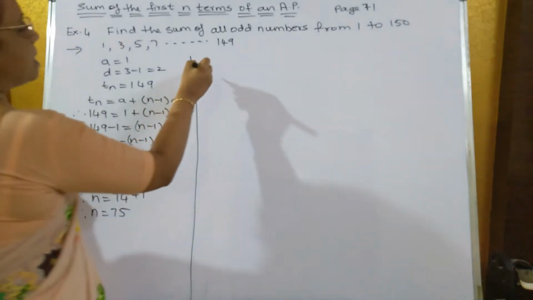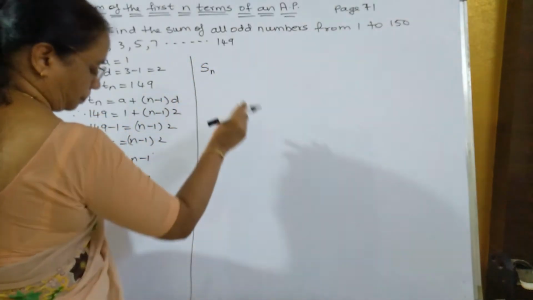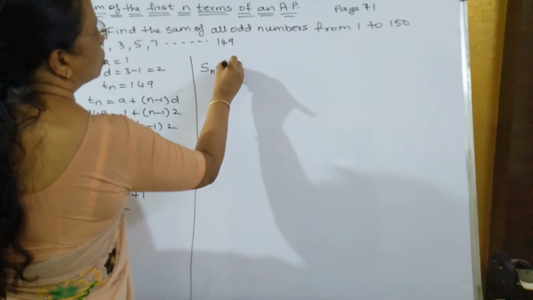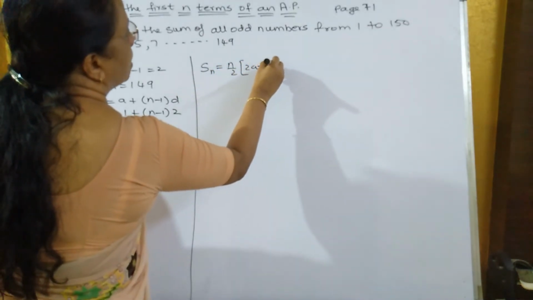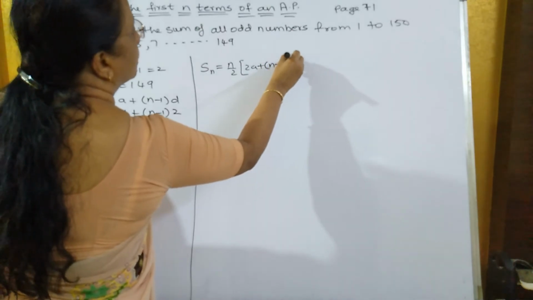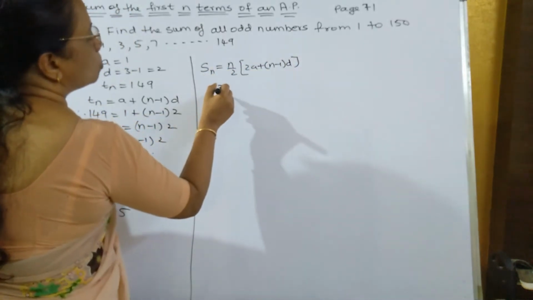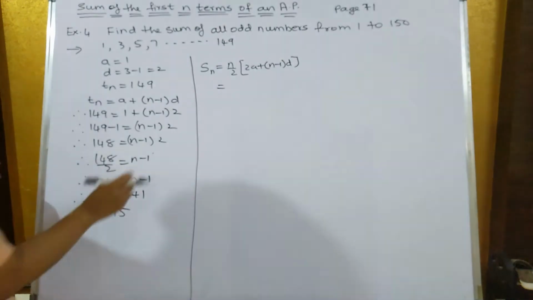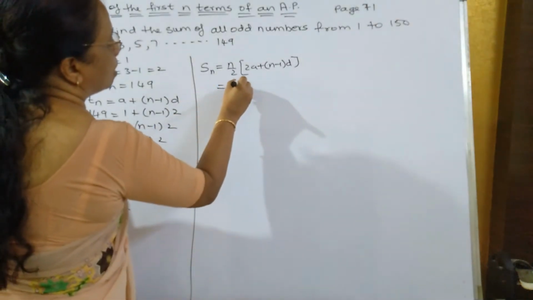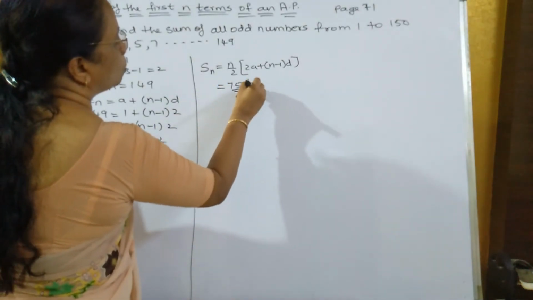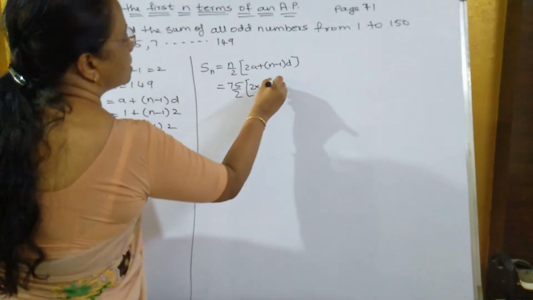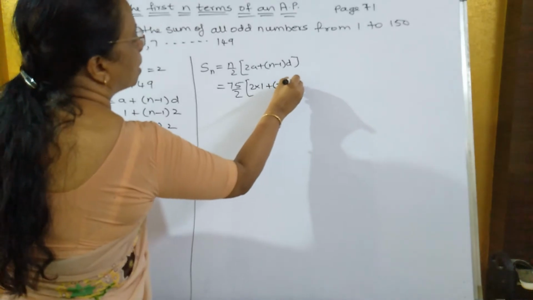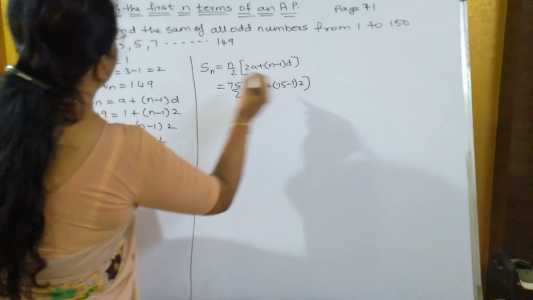So Sn is equal to what? Sn is equal to n upon 2 into 2a plus n minus 1 into d. So that is equal to, n is what? n we have got 75. So 75 upon 2 into 2 into a. a is what? 1. 2 into 1 plus n minus 1 is 75 minus 1. d is what? 2. d is equal to 2.